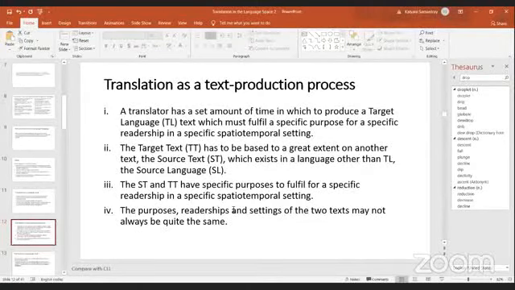Just like in the communicative approach, the source and the target have to fulfill specific purposes, and more or less the same approach and the same techniques are used to teach these communication skills to language learners in the communicative approach. So translation as a text production process is not very different from the communicative approach. The divide seems to be superficial rather than internal.